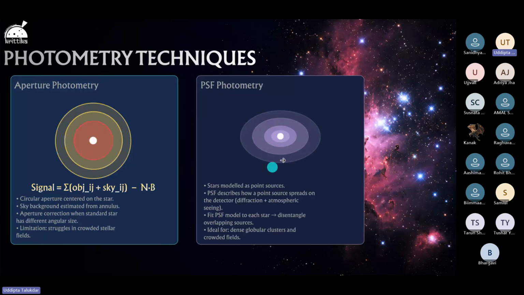So the reason why it works better for crowded fields, unlike aperture photometry, is because, as we know, the PSF shape is a symmetric blob that's brightest at the center and fades outwards in a very specific known way. Now, if we have two overlapping stars, the combined blob would look very weird and elongated.